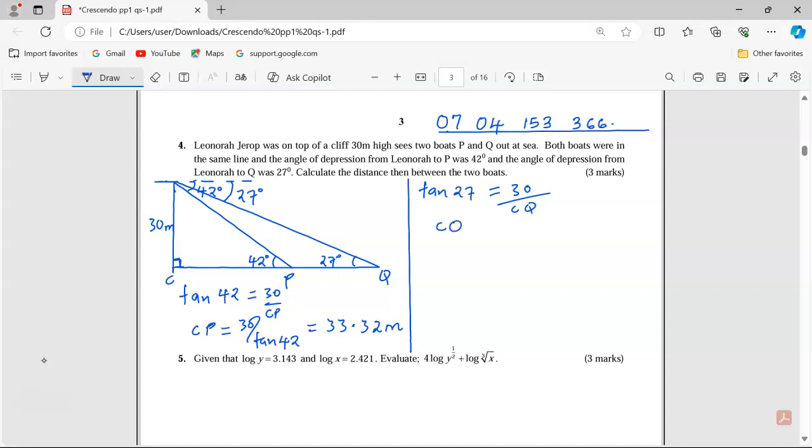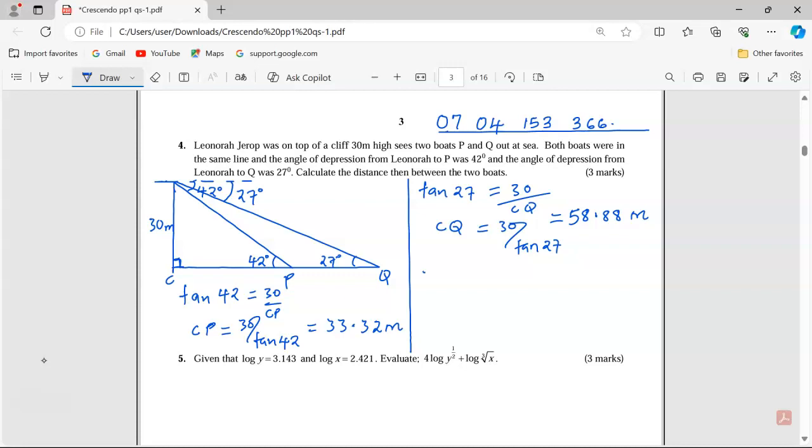So to get CQ now, we need 30 divided by tan 27 degrees. So 30 divided by tan 27 gives us 58.88 meters. So from C to Q, 58.88. From C to P, 33.32.